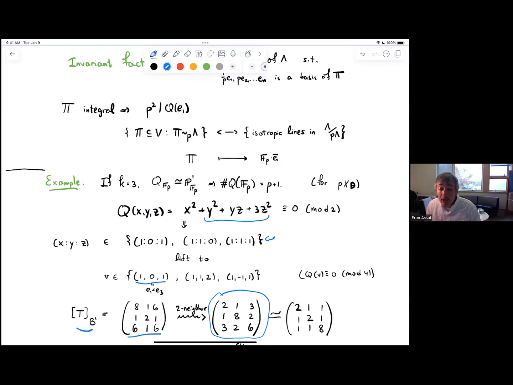Now, I claim that this lattice is not isometric to the lattice we started with. One can see this, for example, by counting the number of vectors of norm 1. This 2 by 2 submatrix shows us that here there are 6 vectors of norm 1, and in the lattice we started with, there are only 4.